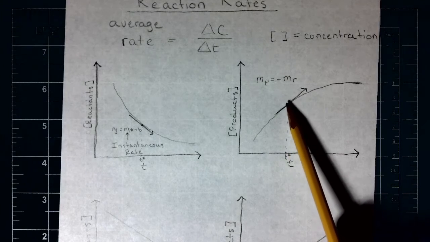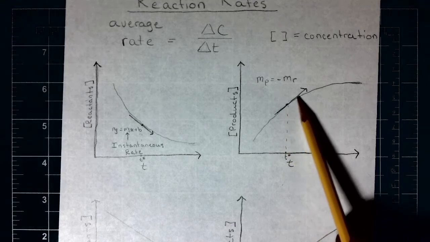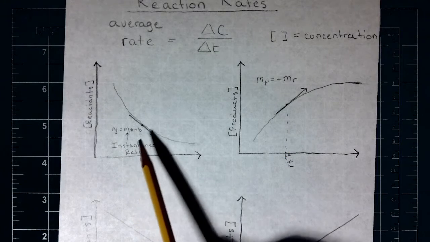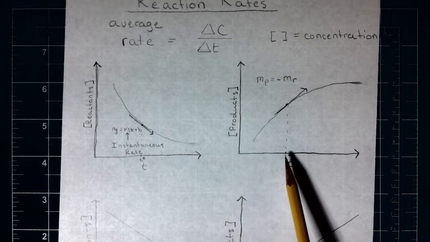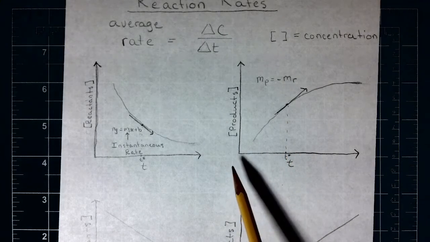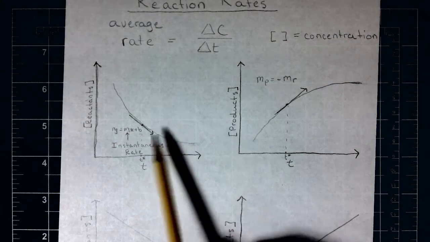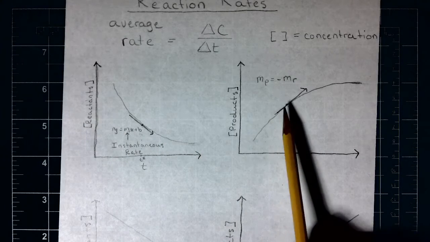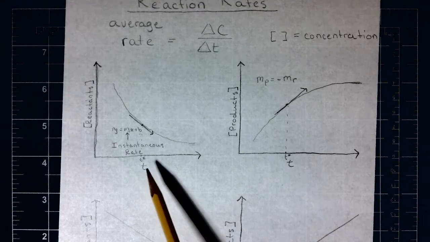We can have the instantaneous rate at any given point as the tangent line over here. Now what's going to wind up happening is that if I pick out the exact same time coordinate in either of these graphs and I figure out their instantaneous rates, the slope of those lines are going to equal each other. So the rate at which it's being consumed here is going to equal the same magnitude of the rate at which product is being formed here.